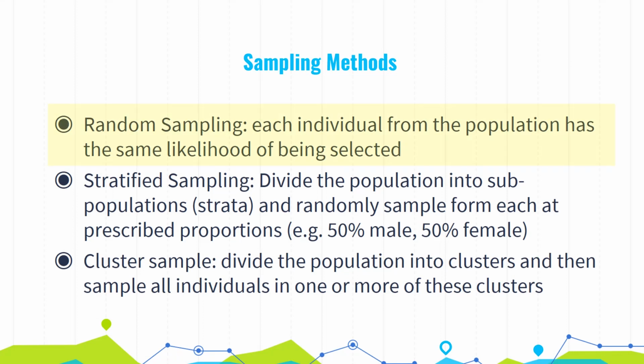First off is random sampling. In a random sample, each individual from the population has to have, at least theoretically, the same likelihood of being selected and put into our sample. It's actually really hard to achieve this in practice because you have to find some way of reaching at least potentially everybody in the population and to choose them with equal likelihood.